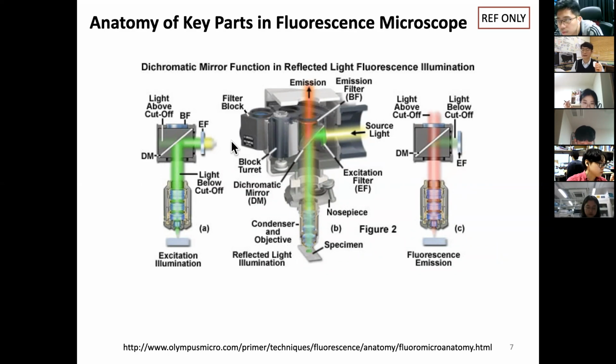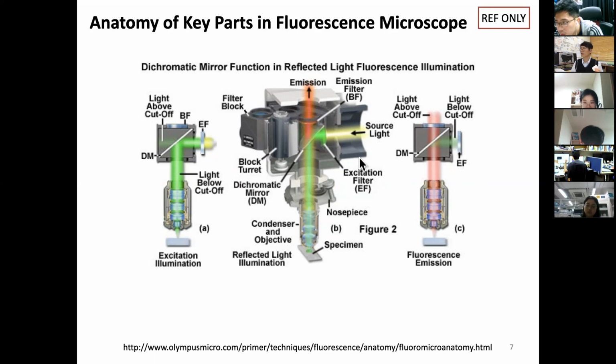In this case, green light gets in, it works as a mirror, so it gets down, shines onto the sample. So that's called excitation. And what about emission light? Now it's shown as red. Emission light is a fluorescence, and that emission comes back, and now the dichroic mirror has to transmit this, so that you can collect it to form fluorescent images.